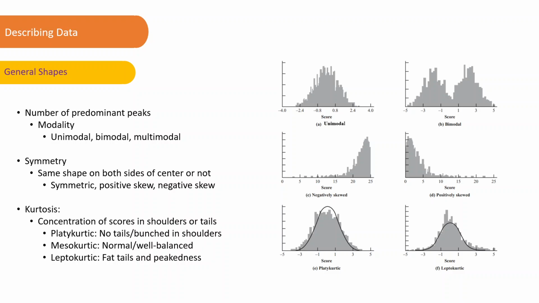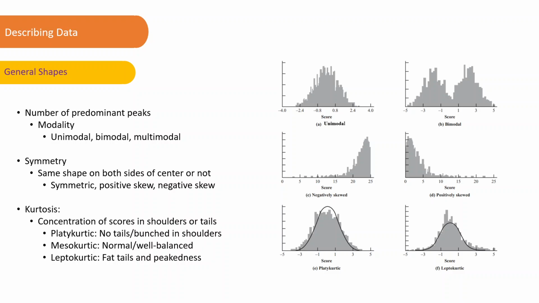Unimodal would be 1 peak, bimodal would be 2 peaks, and multimodal would be 2 or more. With bimodal data, there are 2 ranges of scores with equally high frequencies. With a unimodal distribution, the majority of our scores fall within 1 concentrated area. So the number of peaks is what we refer to as modality.